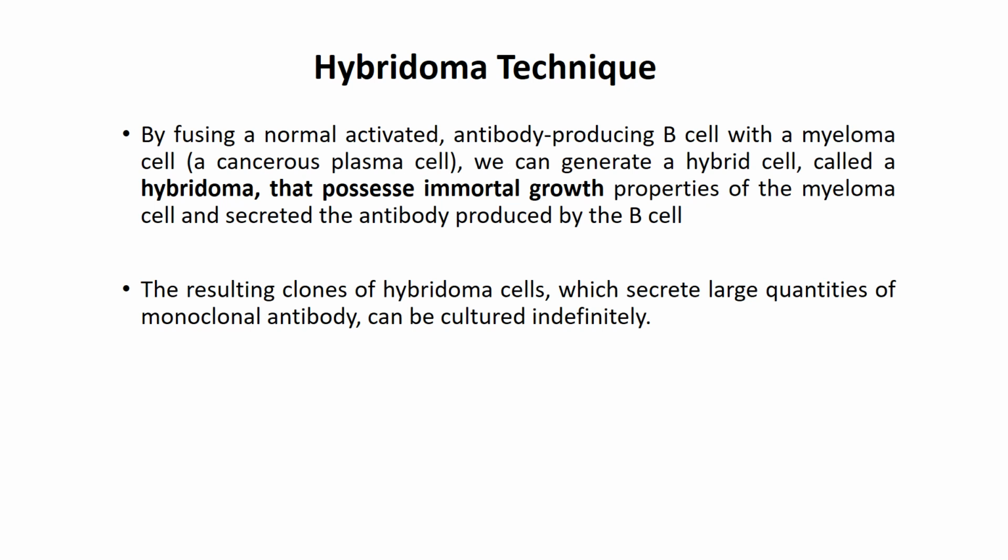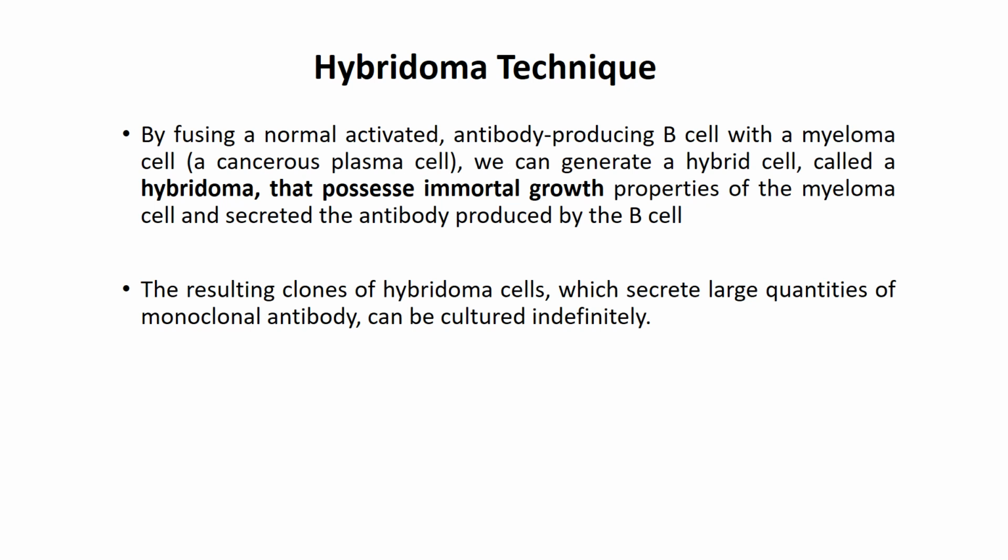It keeps growing on and on like a myeloma cell, and it also produces the antibody. So it's basically an antibody producing cell that keeps growing. The clones of these hybridoma cells, which secrete large quantities of monoclonal antibodies, can be cultured indefinitely.